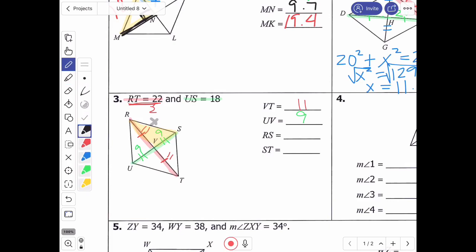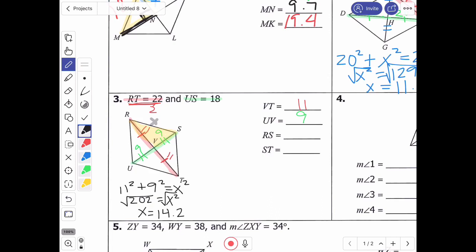So I'm going to have 11 squared plus 9 squared equals x squared, and x squared is that RS side. So 9 squared plus 11 squared gives me 202. When I take the square root, I get x equals 14.2.